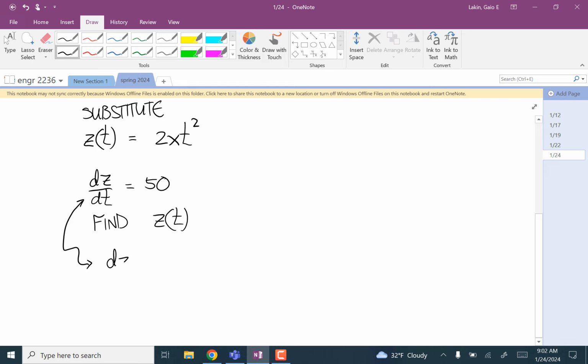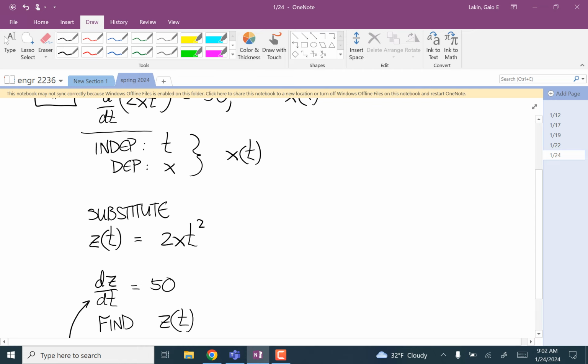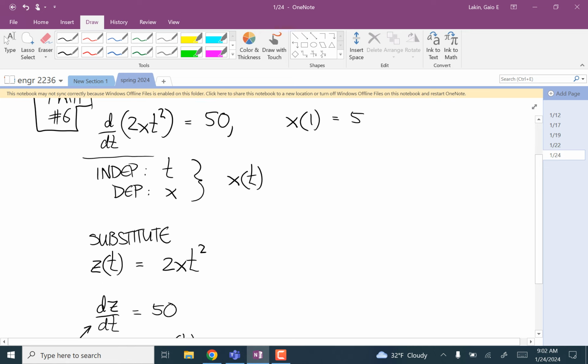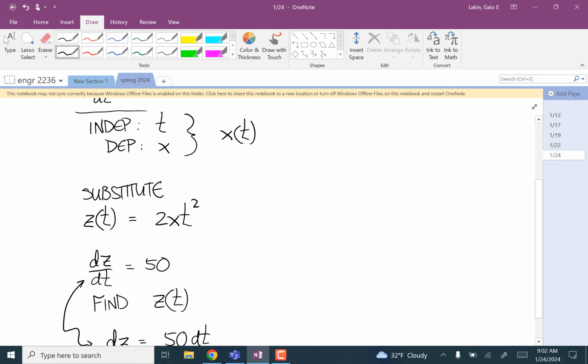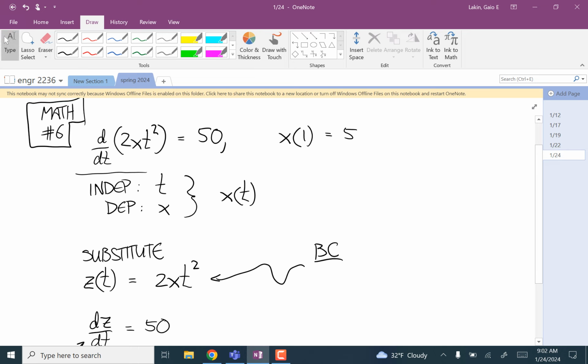So this says dz is equal to 50 dt. So z is equal to 50t plus some constant. And now, how do you use the boundary condition? There's a couple ways to think about it. You know that the boundary condition says when t is equal to 1, x is equal to 5.